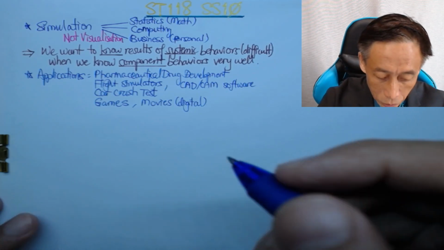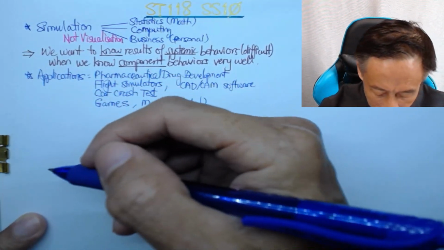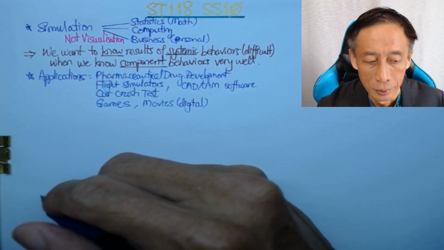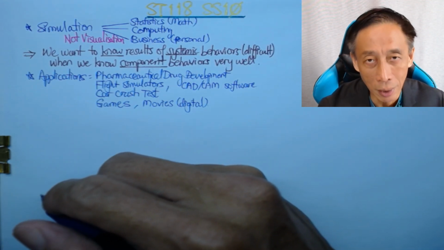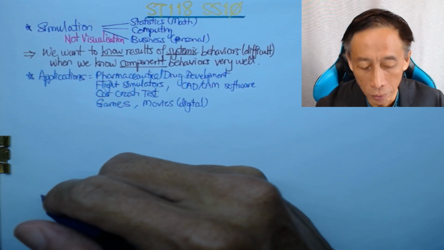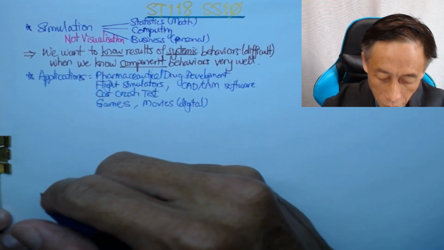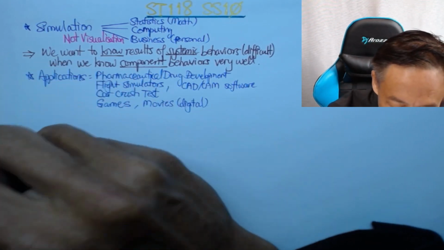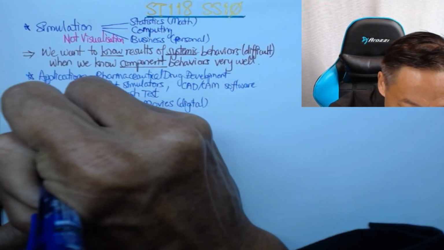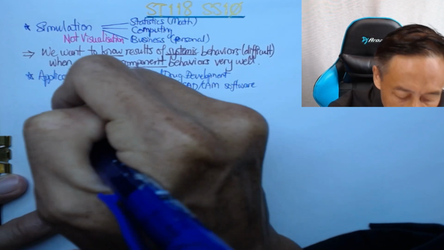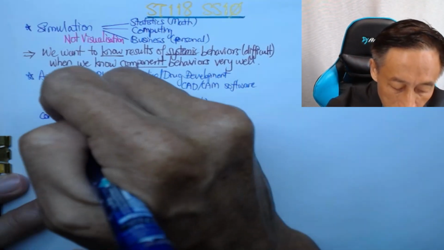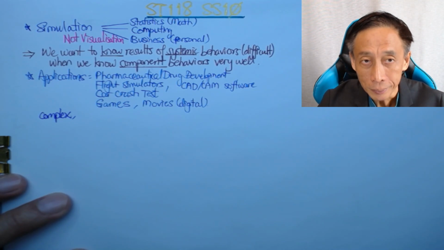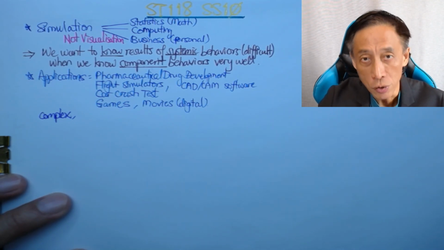All right, so let's just summarize the kind of criteria or characteristics, right, for simulation to be used, to consider using simulation techniques. So, of course, usually it is complex, because we can describe the complexity through the individual components.